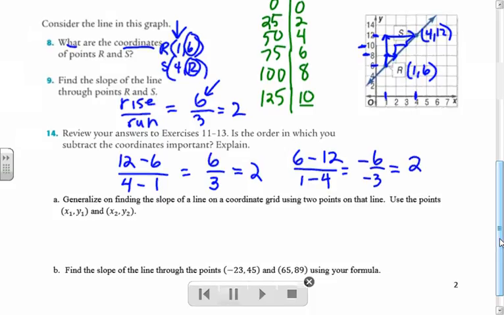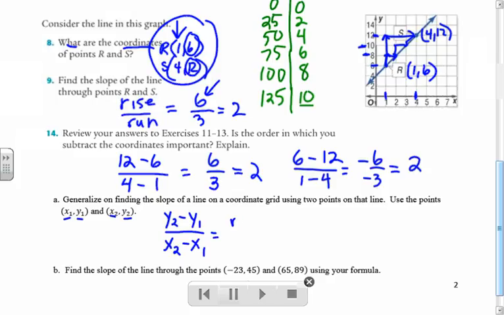Now, what we'd like to do is generalize on this, which means try and find something that you can always use from this. And what we can find is that if I just say I have 2 different y coordinates and 2 different x coordinates, which is what I had for these 2 points here, what I did is I subtracted my 2 y coordinates, and then I subtracted my 2 x coordinates to get my rise and my run, and that became my slope.